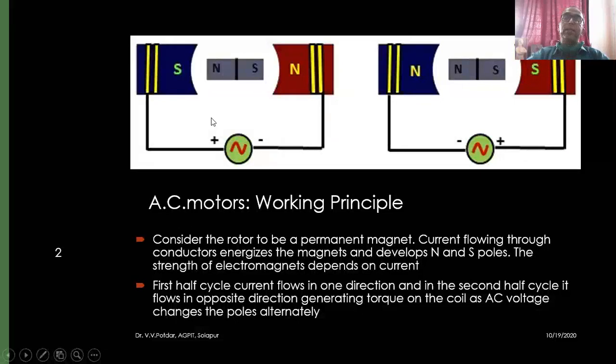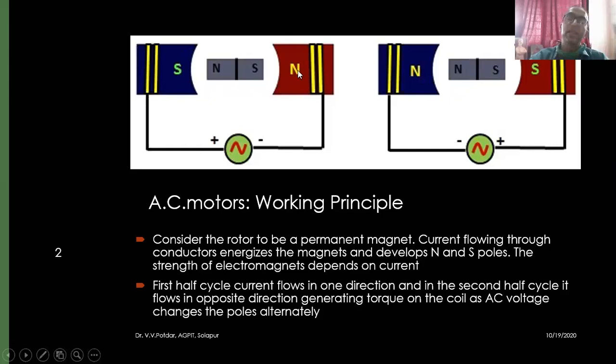This is the sketch. Just be attentive. You have this rotor represented by a magnet, and we have a stator which is provided with alternating power supply. As you can see, the stator is an electromagnet.